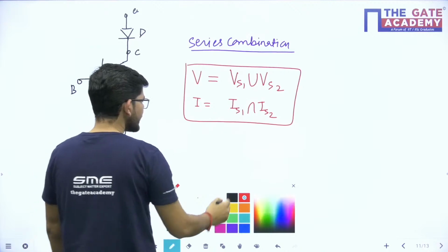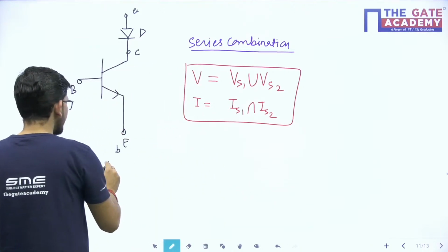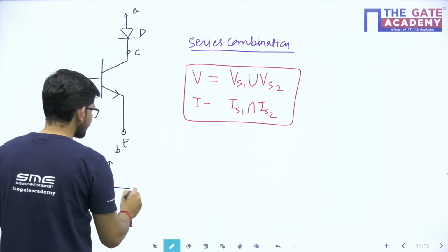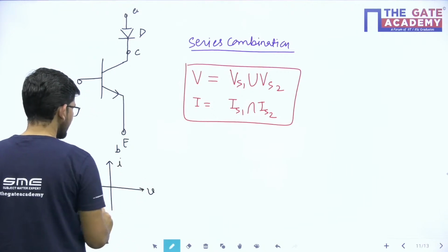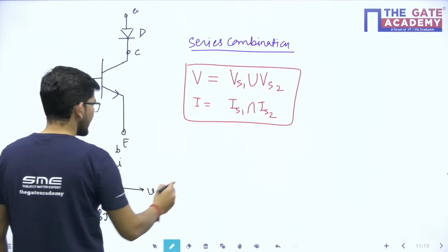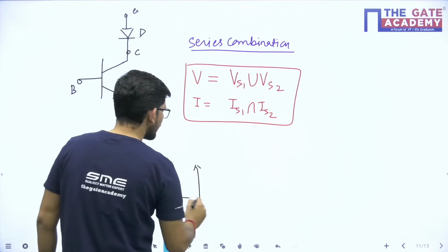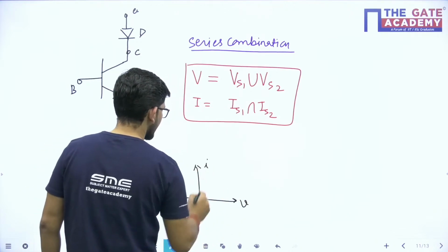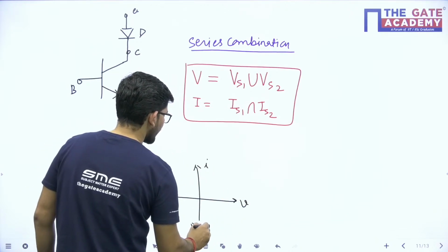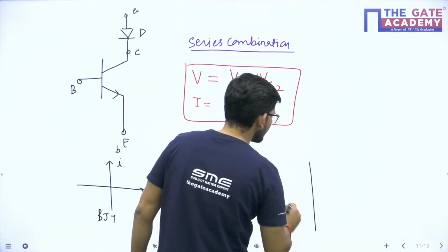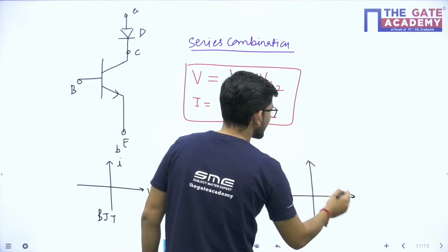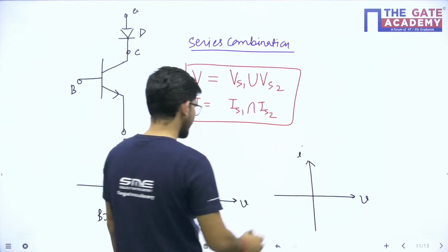So in that case, we have BJT with us and we have diode with us, and you have to tell what will be the composite switch safe operating area.